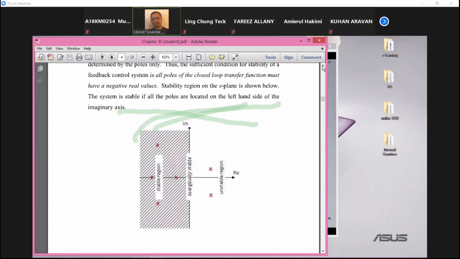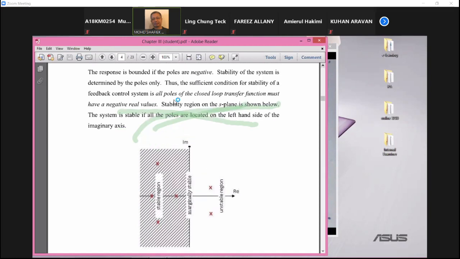We use the terms pole and root interchangeably. All poles of the closed loop transfer function must have a negative real value. Control engineering people like to use the word poles, while mathematicians use the word roots. As long as all poles lie on the left of the imaginary axis, then we say the system is stable.